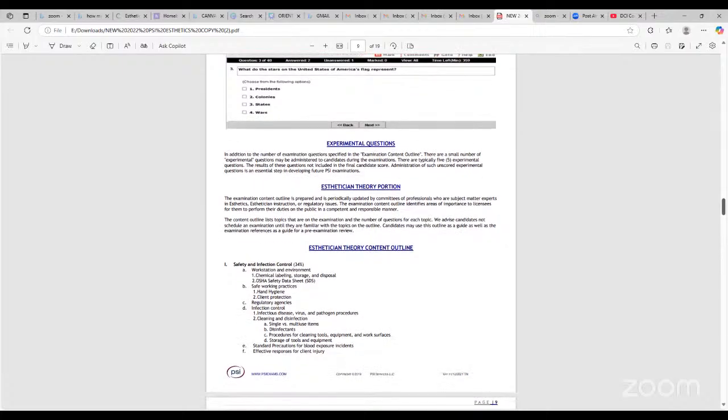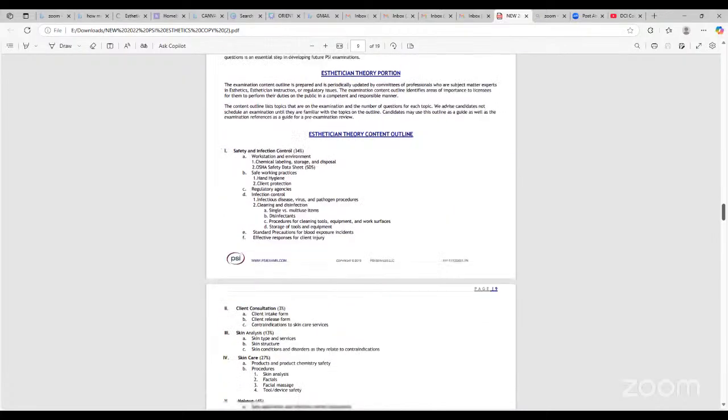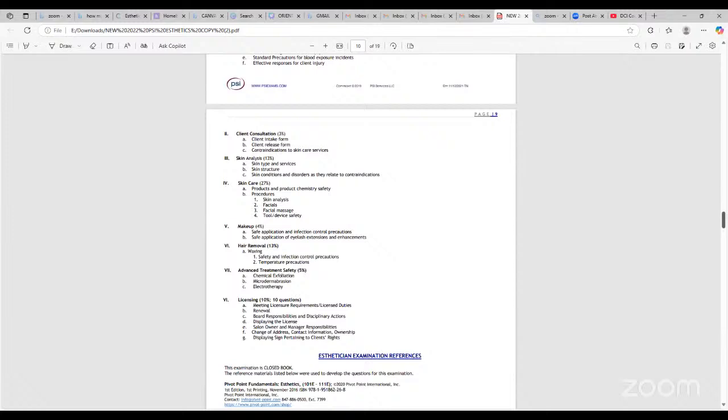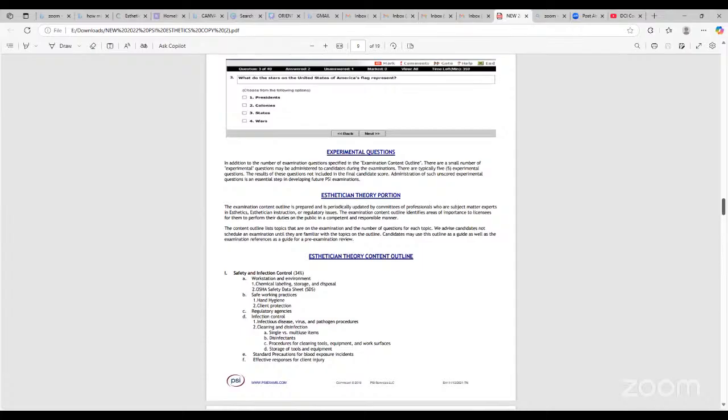I believe it may be 100 questions, because if you add up the percentages, you're going to get 100. In the other exams for other disciplines, it gives you a set number, but we'll go for 100 on here.